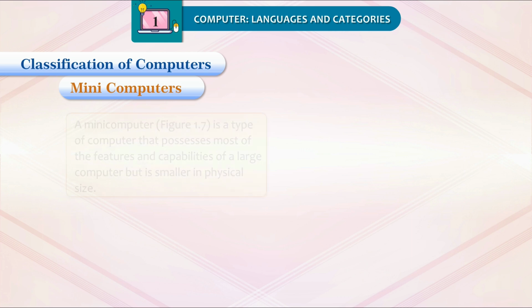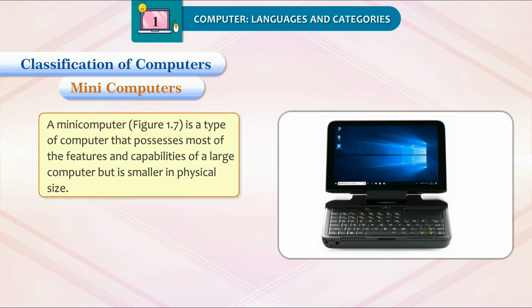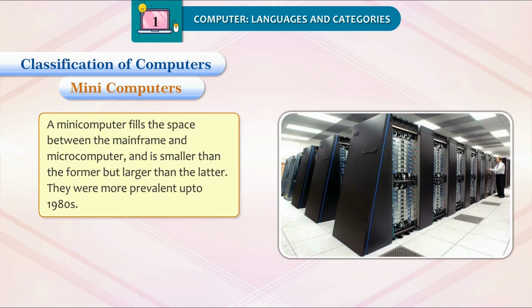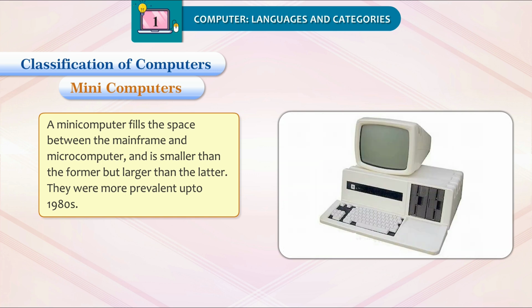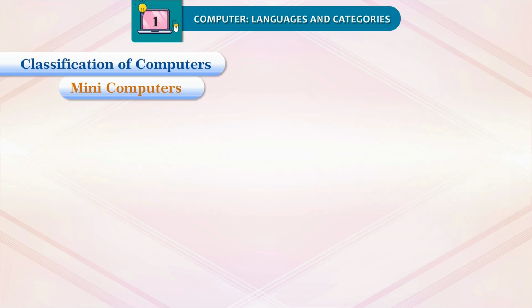Mini computers. A mini computer, referred to figure 1.7, is a type of computer that possesses most of the features and capabilities of a large computer, but is smaller in physical size. A mini computer fills the space between the mainframe and microcomputer and is smaller than the former but larger than the latter. They were more prevalent up to the 1980s.